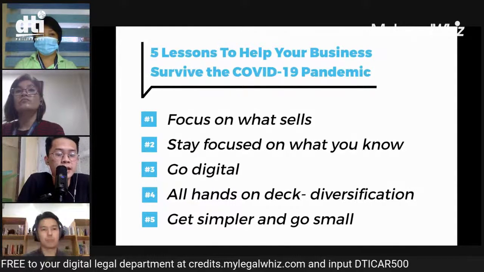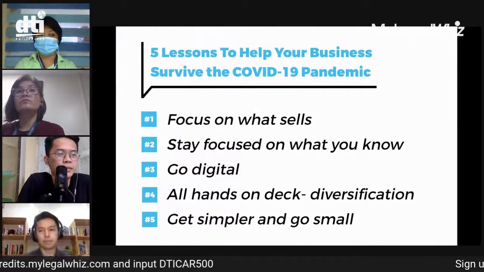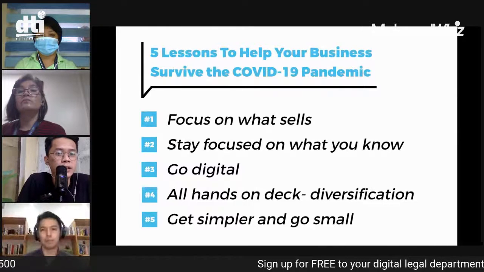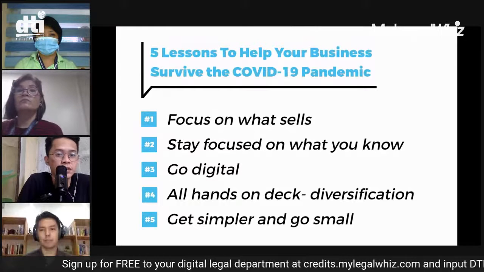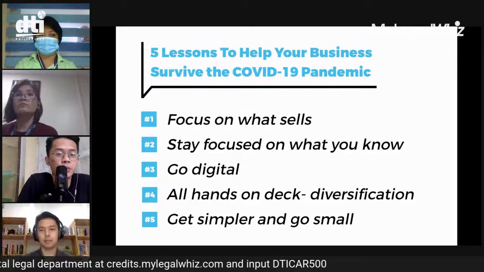Para yung call center agents po natin can observe health protocols, and then yung mga hotels po na kinukuha nila are close to the call centers, so they can minimize yung travel po also for safety. So that's one good example of what it means to focus on what sells.